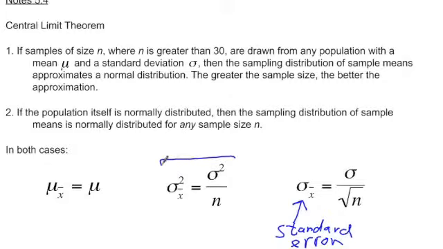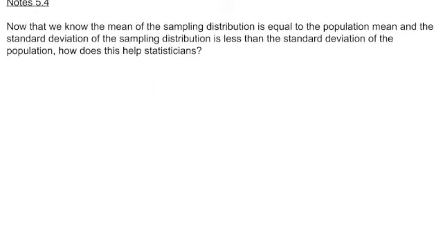And this formula in the center is our variance formula, and that's just squaring the standard error. Right. So now that we know the mean of the sampling distribution is equal to the population mean, and the standard deviation of the sampling distribution is less than the standard deviation of the population.